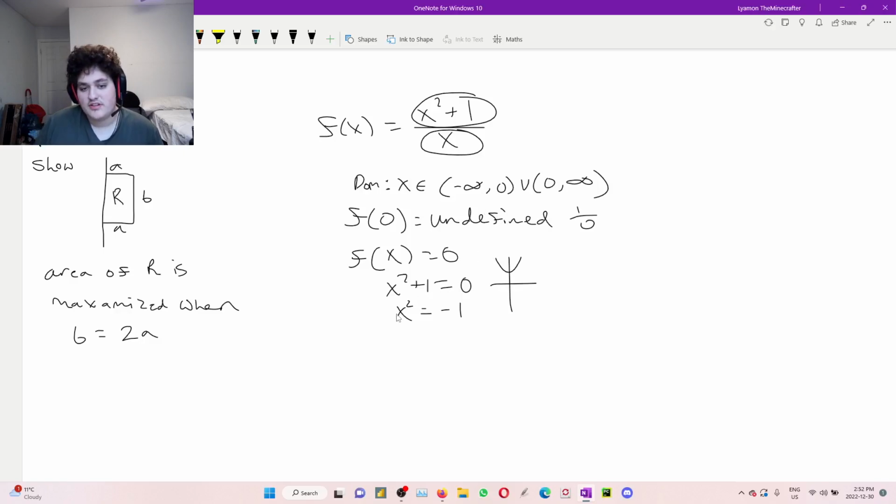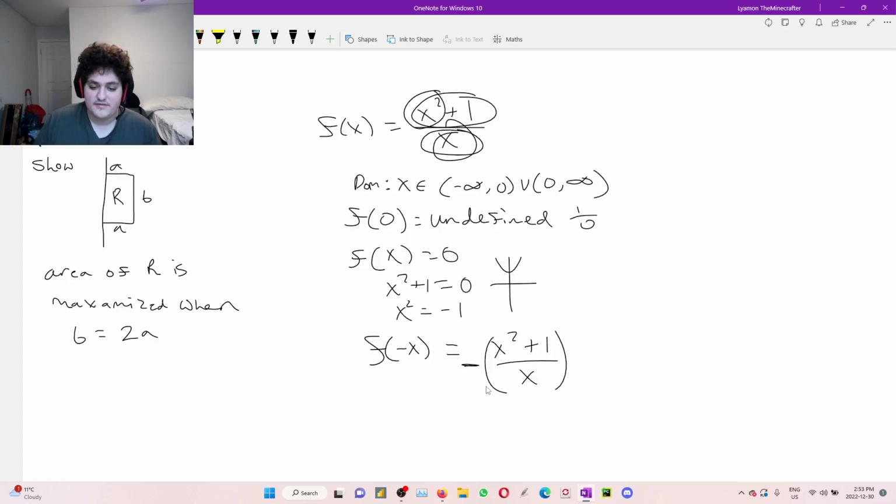The next thing we can look for is symmetry. This clearly has no symmetry because this is an even power, this is an odd power, so it's not going to be an even or odd function. If you want to show it quickly, f of negative x is going to be x squared plus 1 over x, but negative, right?